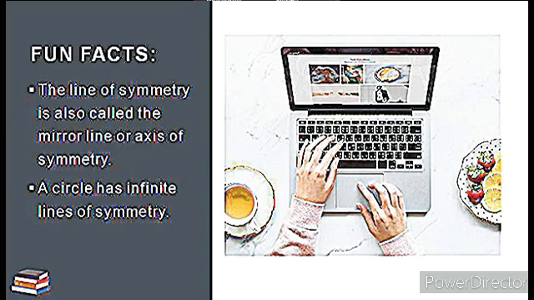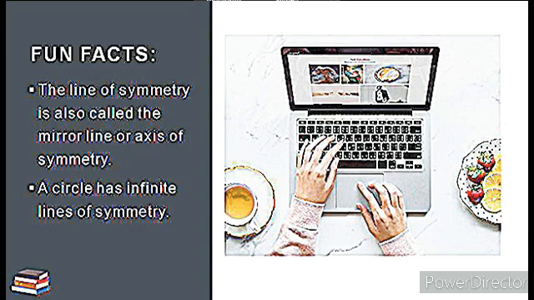I think this should be the last one for today. I'm talking about the fun facts. We have just 2 here. The first fun fact is that the line of symmetry is also called the mirror line or axis of symmetry. So if I ask you what is the other name for line of symmetry, we can call it mirror line or axis of symmetry.